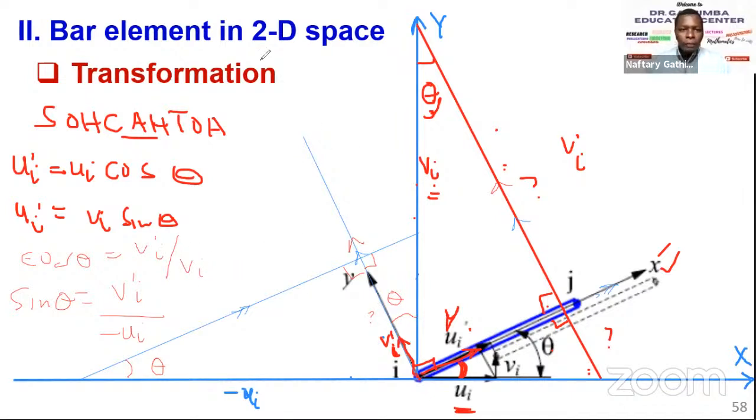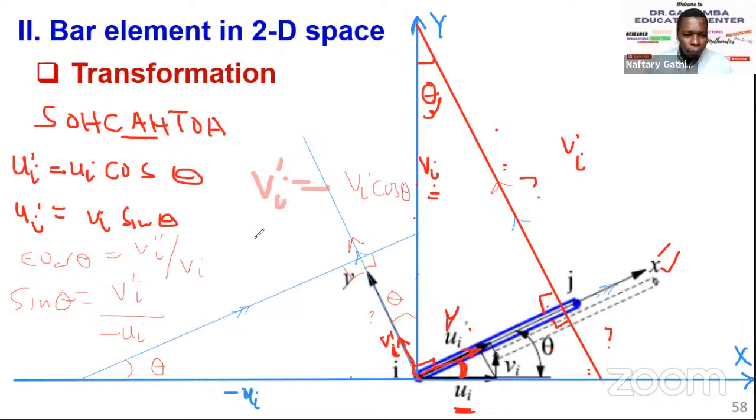So in short, let me just write here without erasing that. So here we can have, using a thicker line, v prime i, remember this is prime, v prime i will be equal to v i cos theta.